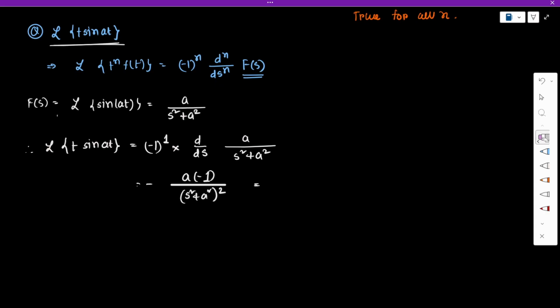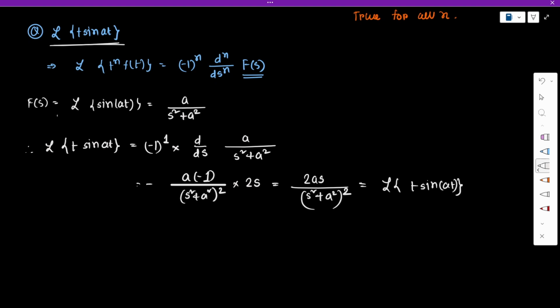There is going to be negative 1 here. And according to the chain rule, there is going to be d/ds of s squared, which is 2s. So the result becomes 2as divided by (s squared plus a squared) whole squared. All right, so that's the Laplace transform of t times sin(at).